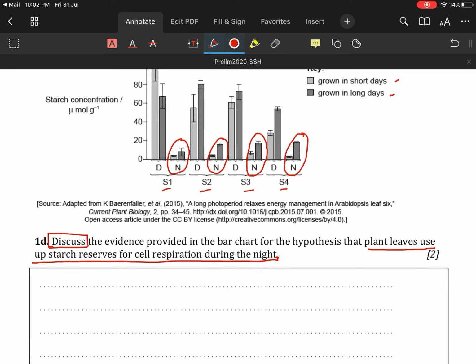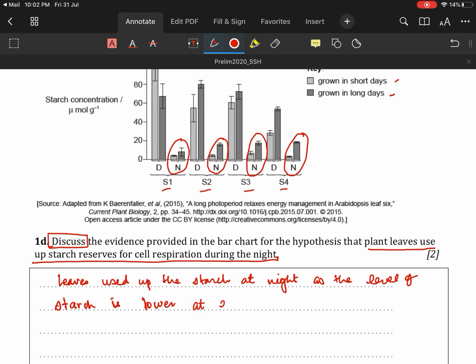So leaves used up the starch at night, as the level of starch is lower at end of night in all 4 stages, right?